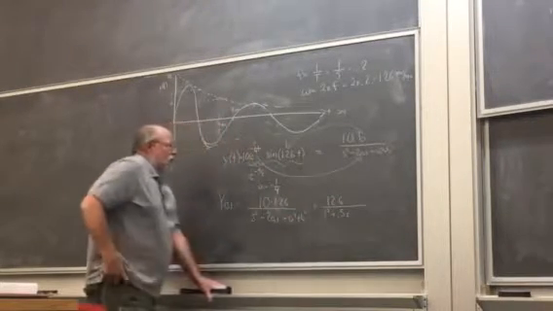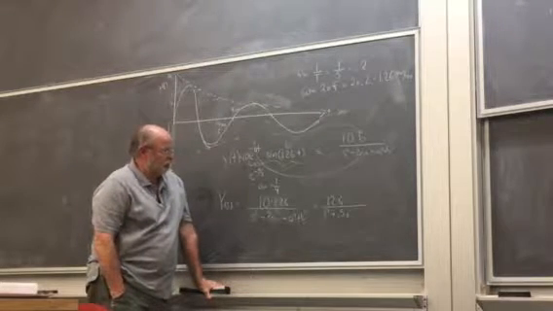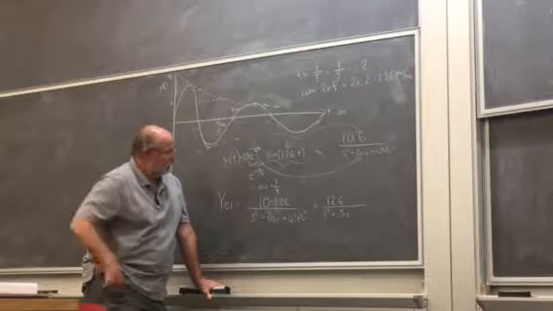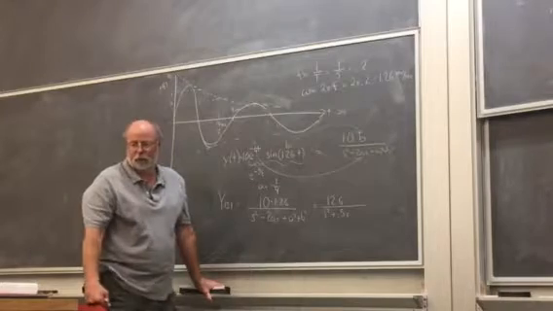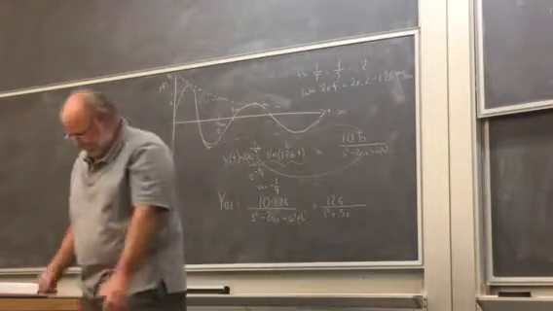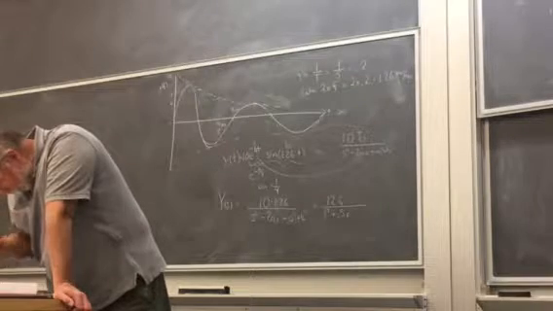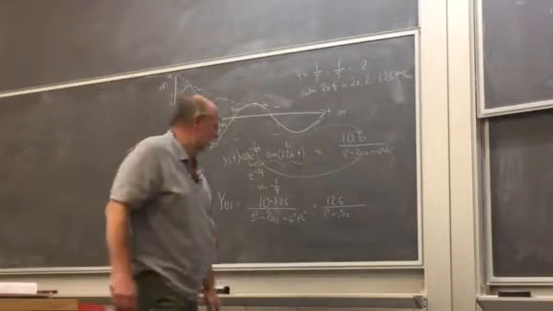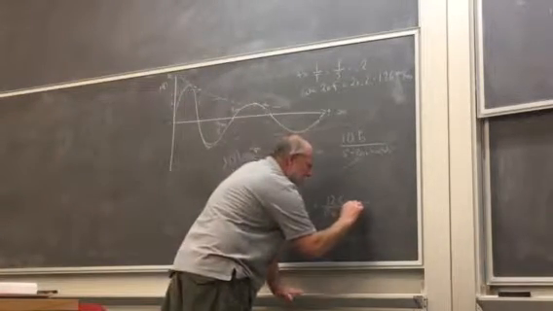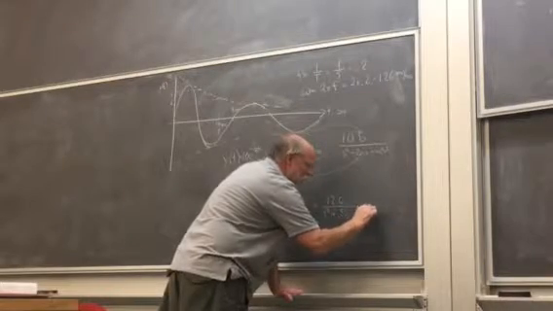Let's see. 1/4 squared is 1/16 plus b squared. I have no idea what that turns out to be. I get 1.642 when I do that. Like that.